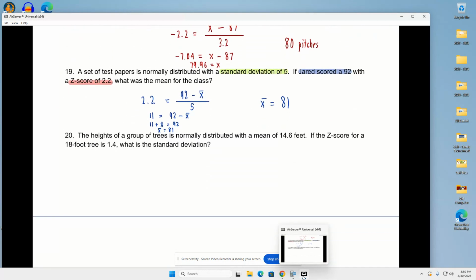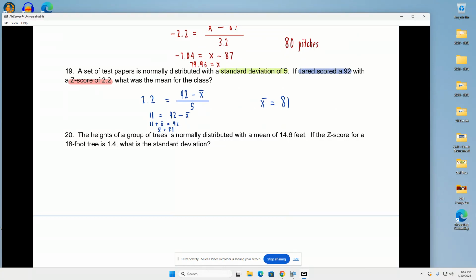And then the last one, the heights of a group of trees is normally distributed with a mean, so this time they're giving me mean, 14.6. A z-score was 1.4. And then they told me one other piece of information. I don't know if you caught it. They told me that the z-score for an 18-foot tree, that is the x.